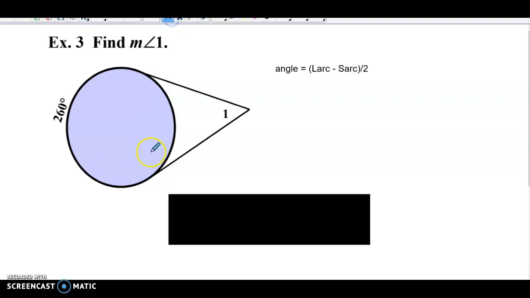So that means that this arc right here is going to be 100 degrees because 360 minus 260 is 100. Now I have the small arc and the large arc and I can find that angle. So I have X is equal to 260 minus 100, and we're going to divide that by 2. So X is going to equal 160 divided by 2, so X is equal to 80.